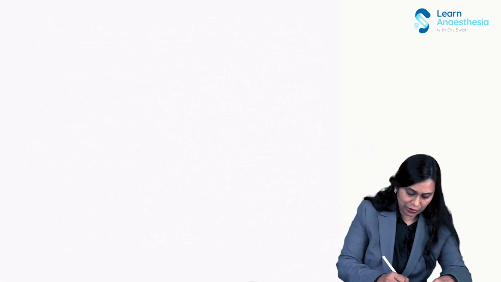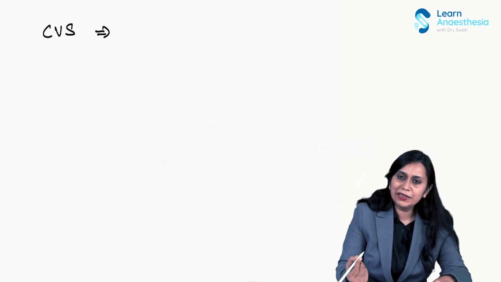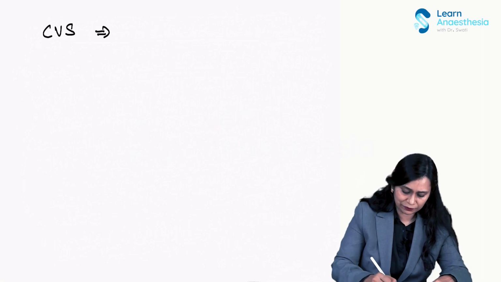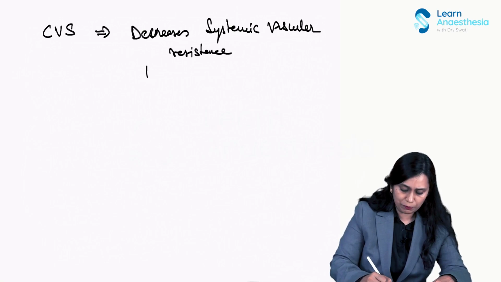Okay. Now, let us see the effect on the cardiovascular system. We are done with the central nervous system. It decreases systemic vascular resistance, so mean arterial pressure decreases.